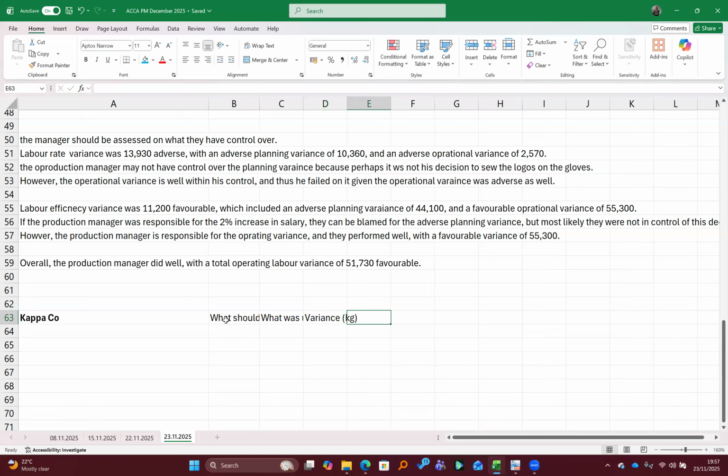Then you put the standard cost per kilogram and get the variance. But what should have been used is just standard mix, but for the actual quantity. So actual quantity, standard mix.